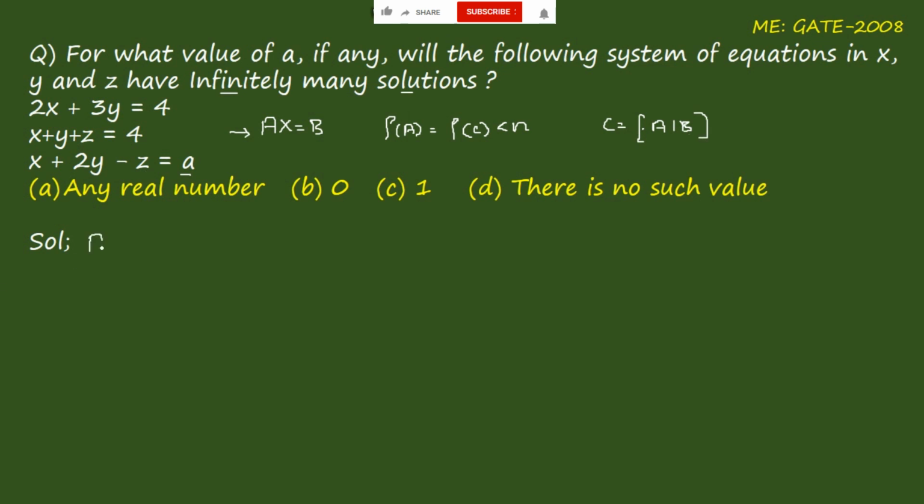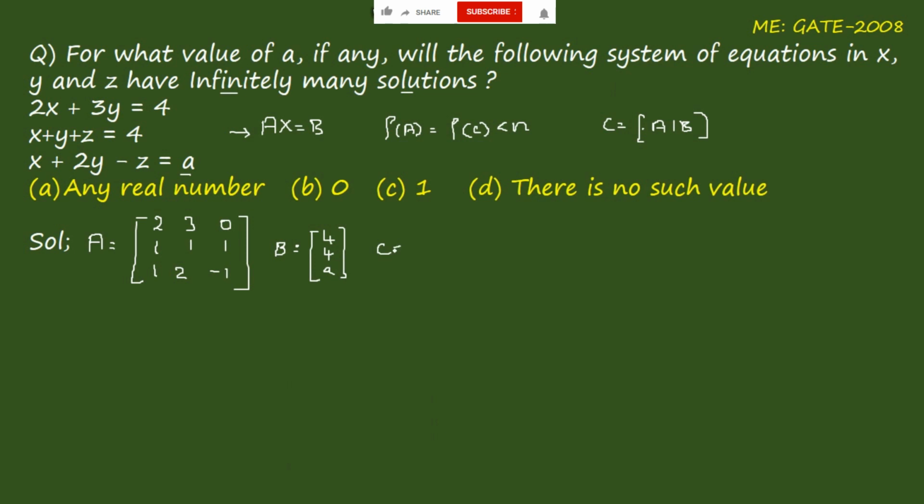So A is equal to 2, 3, 0. This is 1, 1, 1. This is 1, 2, minus 1. Right. And again B is equal to 4, 4, and A. Right.